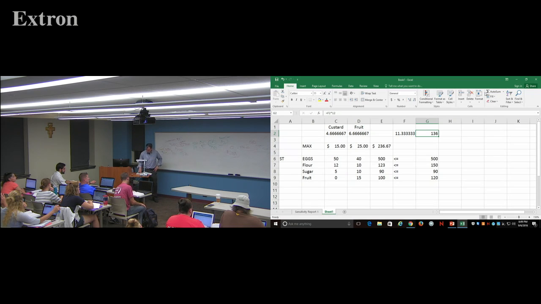So if someone added a constraint that says we only have 200 pie tins available, would that change anything? No, because we're not adding a binding constraint. But if someone said, actually we only have, and this is part B, we only have 100 pie tins available, is it going to change things? It is, because we're adding a binding constraint.